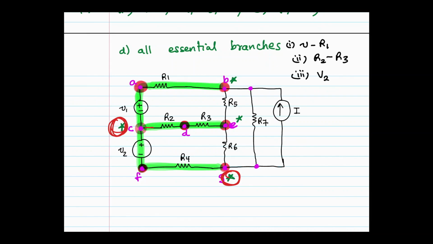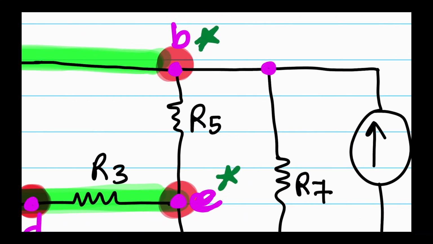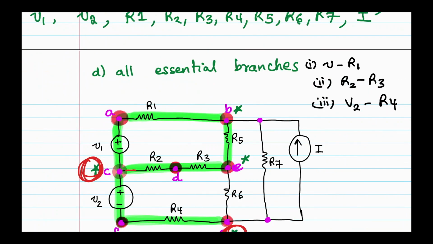So V2 R4 is the third essential branch. What else? R5. Look at this. B is an essential node, and so is E. So simply R5 is one essential branch. That's easy enough.